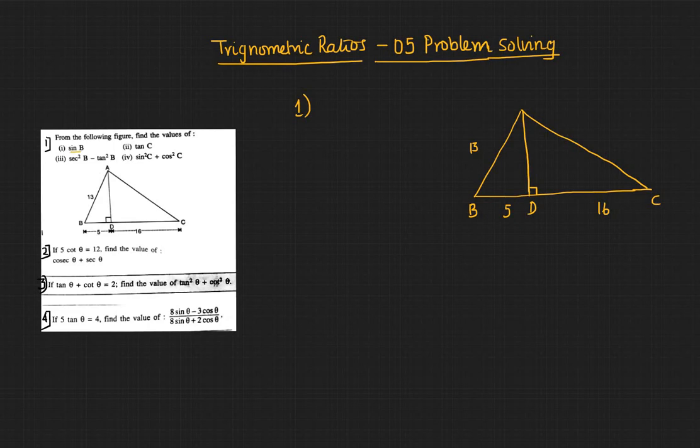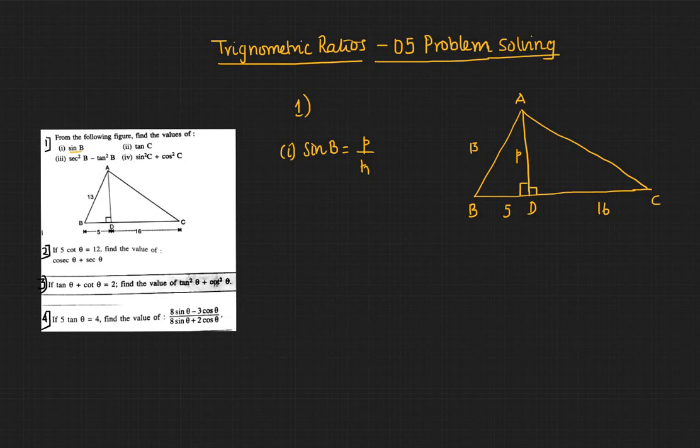Now, to do sine of B, let's get straight away. Try it. Sine of B is perpendicular by hypotenuse in this triangle ABD, right? So this is your perpendicular for basically this triangle, and this is your hypotenuse.